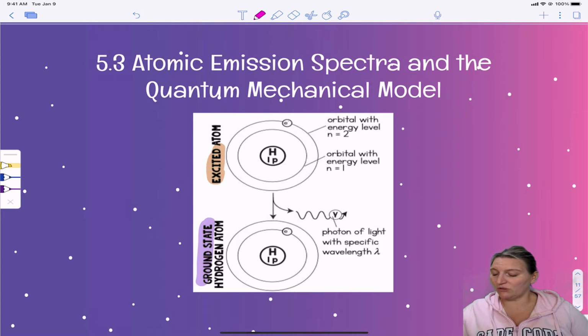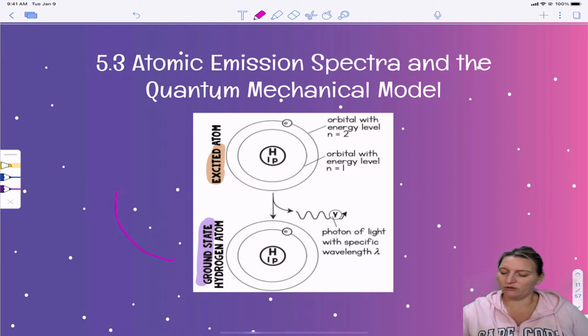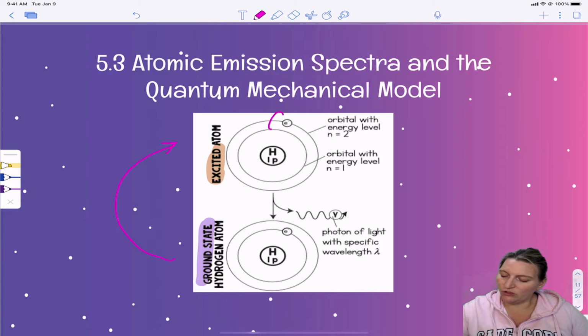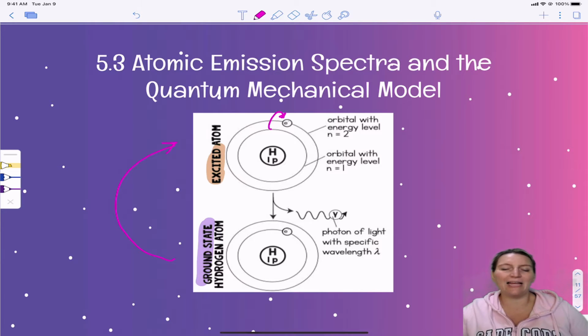So the electron is orbiting about the nucleus. Then when we add energy to it, in this case by putting electricity through it, that electron becomes excited. And what that means is the electron moves to a higher energy orbit, orbiting further from the nucleus.